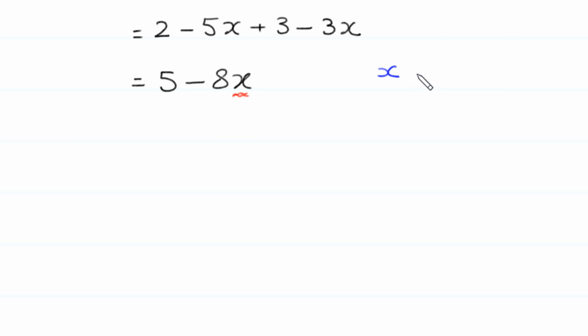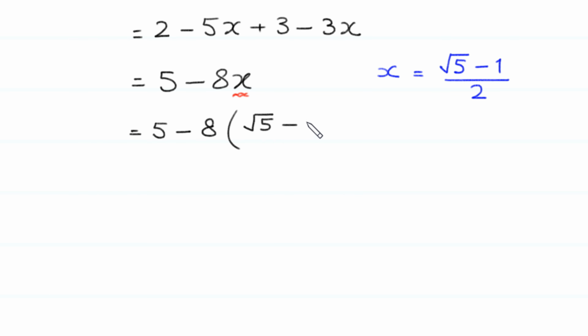The value of x is equal to square root of 5 minus 1 over 2, and 5 minus 8 times value of x, square root of 5 minus 1 divided by 2, and from here 2 one time and 2 4 times 8.